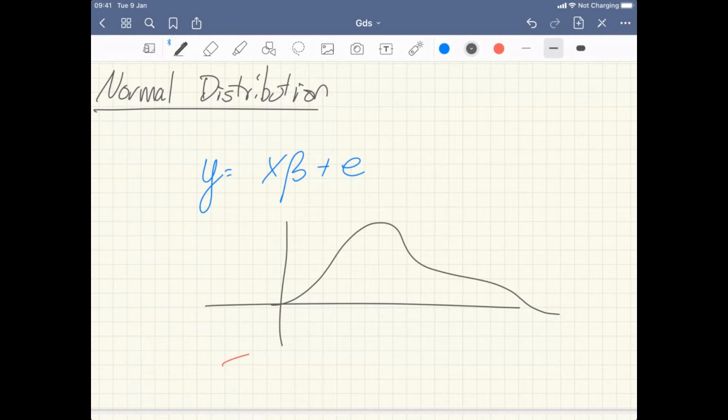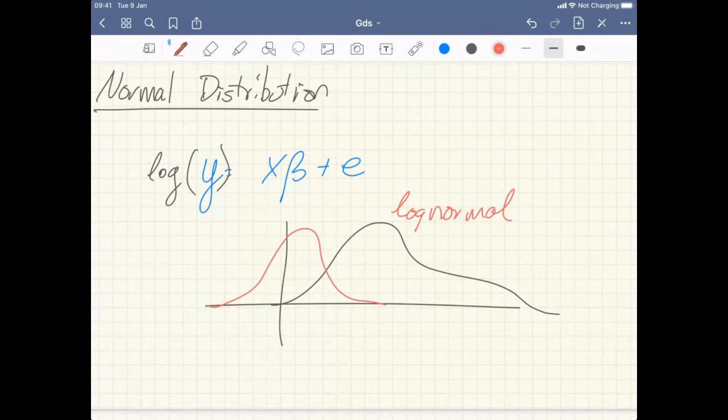Sometimes students that have done the reading will model the log of y instead. And that actually transforms what might be called a log normal distribution into a normal distribution. So by using the log of an outcome, we can change the distribution as well.